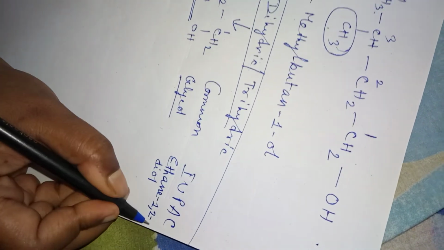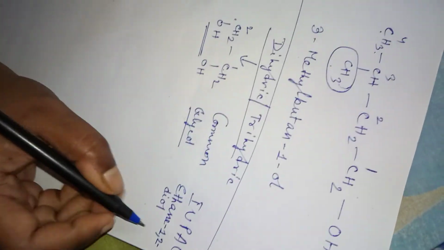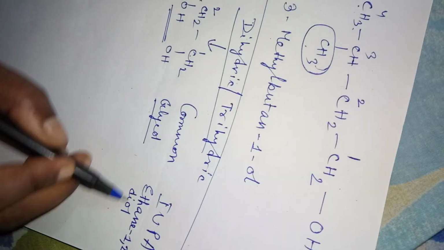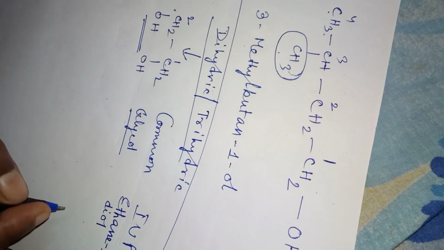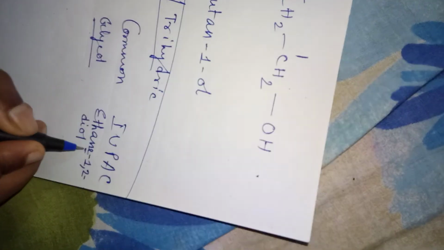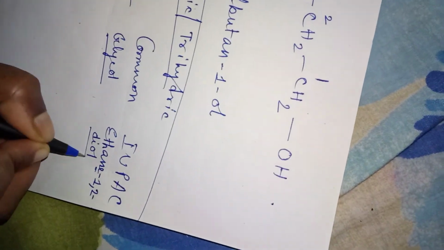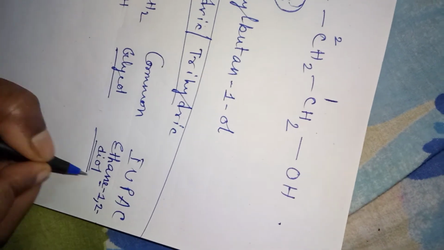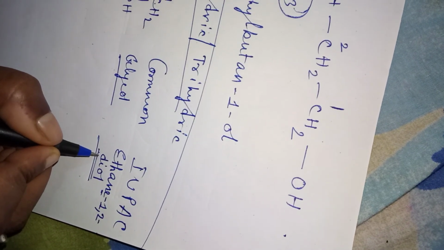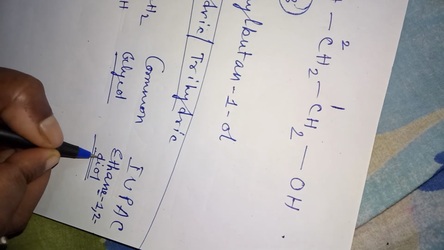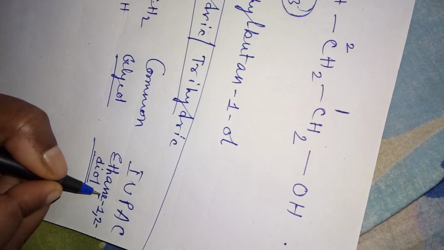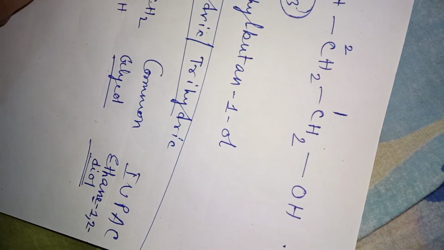Diol directly after the dash. The full name is ethane-1,2-diol. Now why are we keeping this E here? Because this thing is diol, it does not start with any vowel, it starts with D, that's why we are not omitting the E. Is it clear?